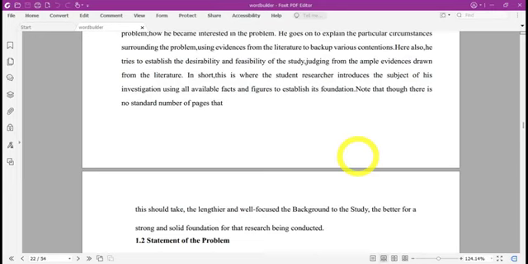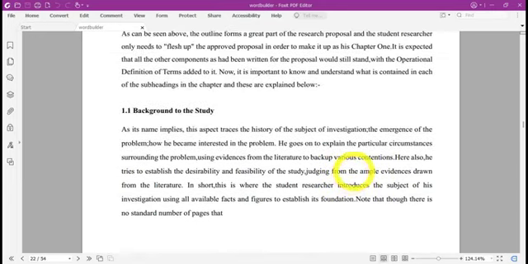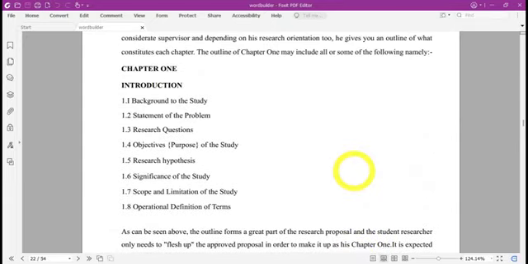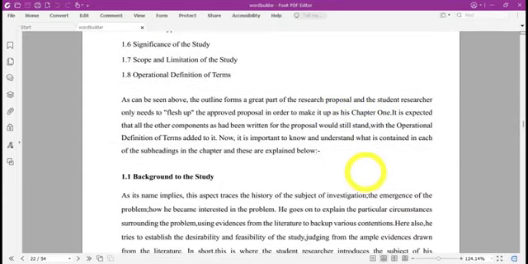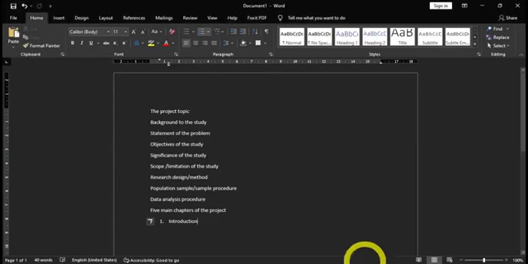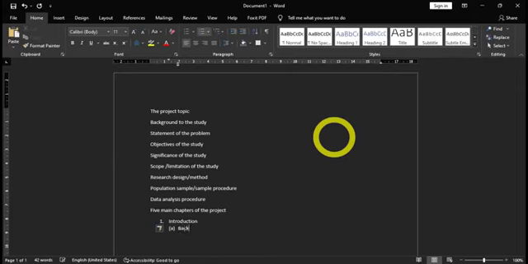Alright, we move over to the next one. The first one is the background of the study. Under introduction, we have the background. Let's call it A. Background.